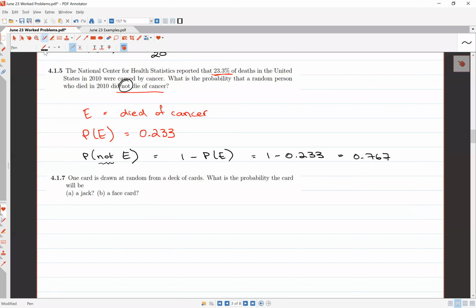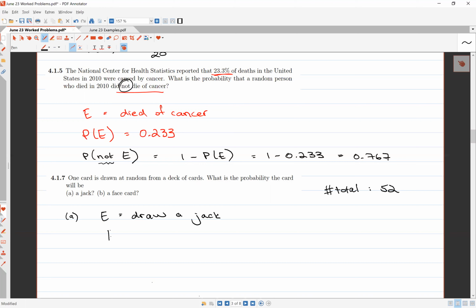So in this example, you're taking a deck of cards, you're drawing a card from the deck at random. So the number of total outcomes is 52. That's how many possible cards there are. We want to calculate the probability of the event E that you draw a jack.